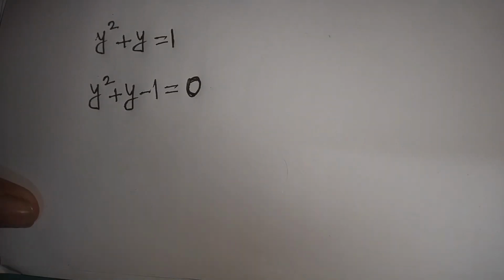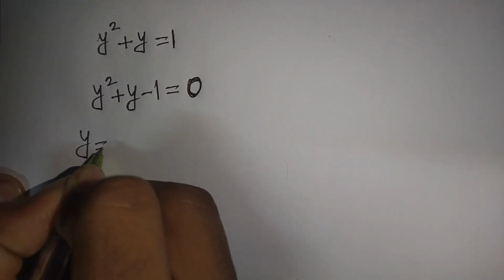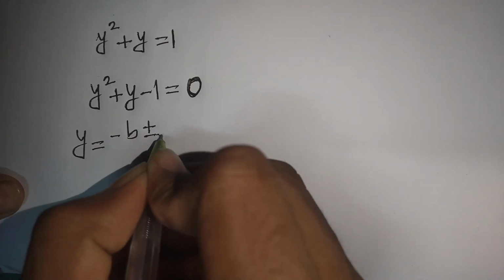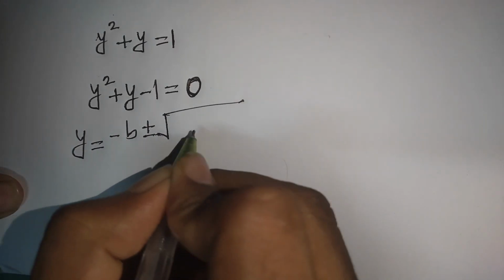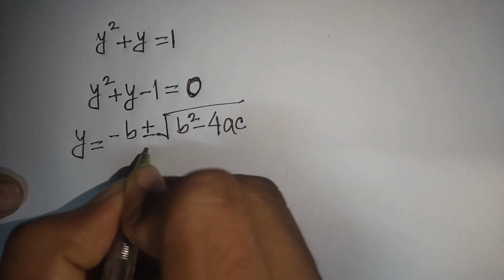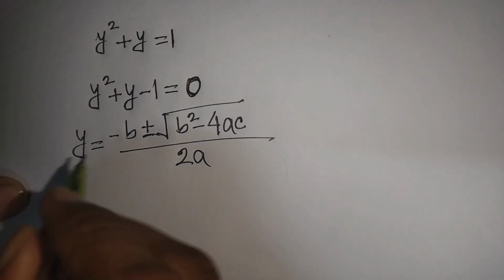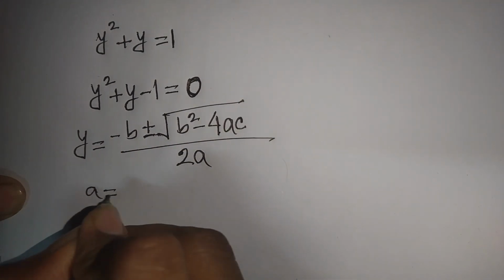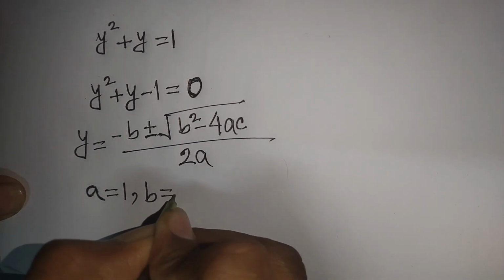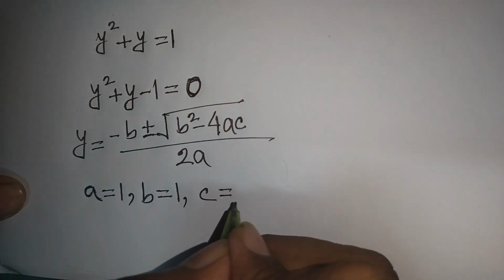Now here you can apply the quadratic formula, so you can write here y is equal to minus b plus or minus a square root of b square minus 4ac divided by 2a. Now here a is 1, b is 1, and c is negative 1.